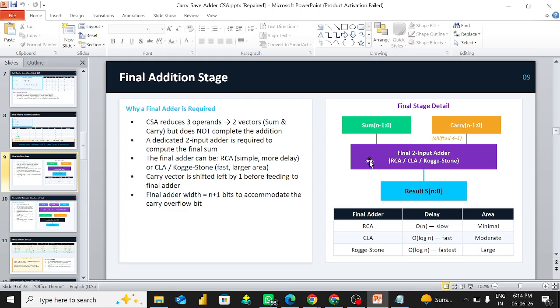If you use CLA, the speed will improve, right? So based on your requirement, you can use either RCA or CLA. Okay, and Kogge-Stone is nothing but it makes it even faster. Okay, so I will explain this adder in the next class.